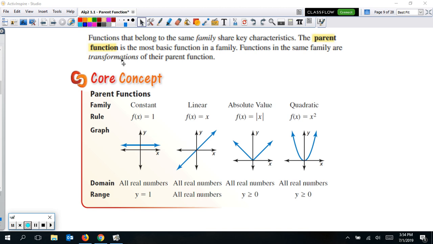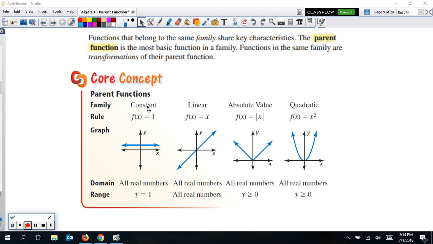Okay, so on this core concept and also in your notes, on page 4, it says parent function for the first one. You want to write this down, that a parent function is the most basic function in a family. Remember we talked about thinking of functions as a family. Each function has a name, like you have the Smith family, the Garcia family. They have the family name.